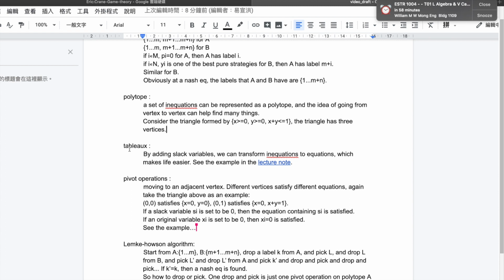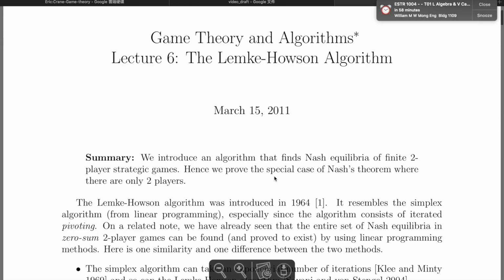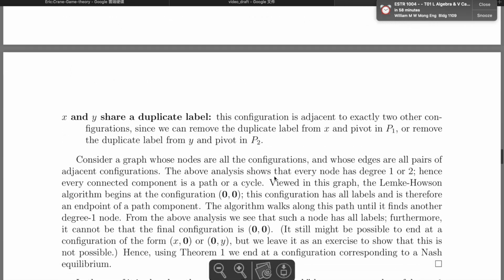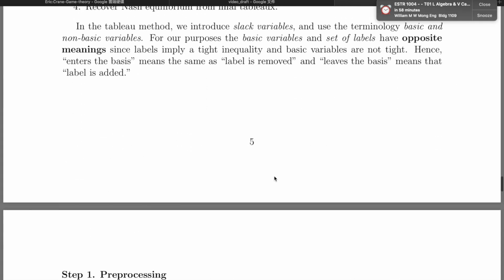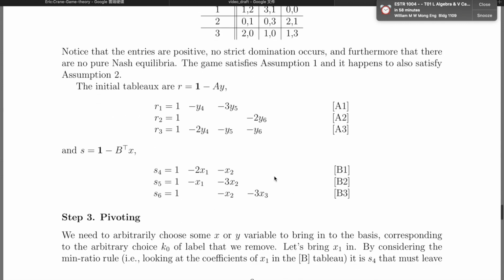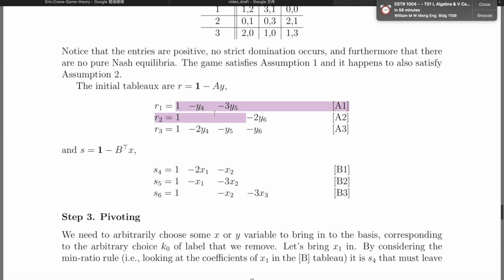Tableaux. By adding slack variables, we can transform inequations to equations, which makes life easier. See the example in this lecture note. Originally, there are three equations.